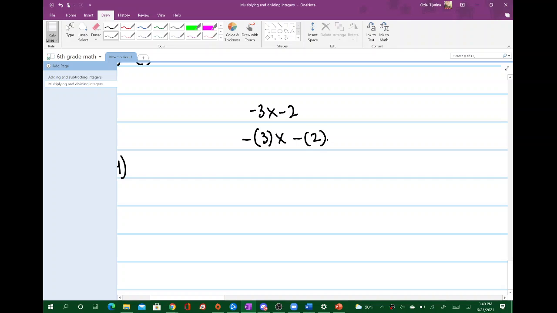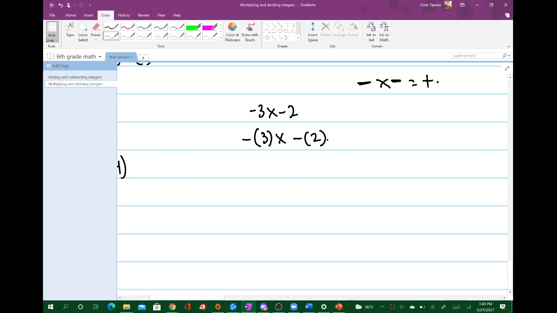Now, this is a little trickier. But we must remember that, like I said, negative times negative is positive, okay? So what is this?